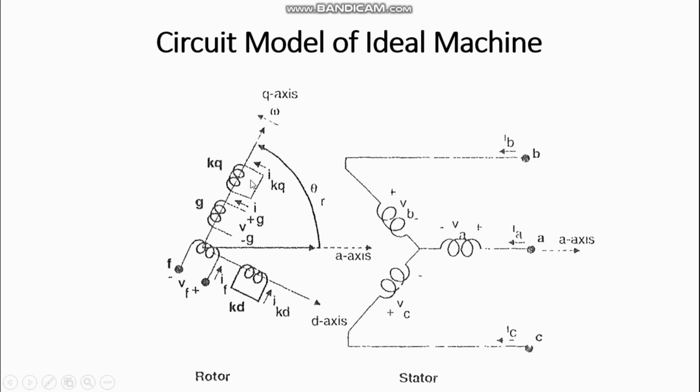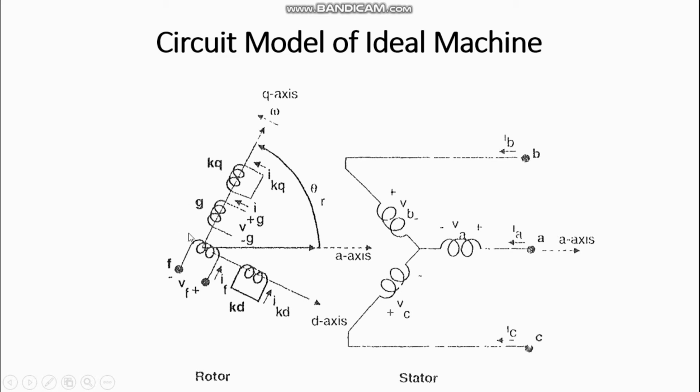These are perpendicular and they are the mean virtual thing. Now see here, this one, this G, and KQ is like a damper winding that is placed on our quadrature axis, right? In most of the machines, you will not find G and KQ, and even if you find KQ, you will never find G in machines, right?